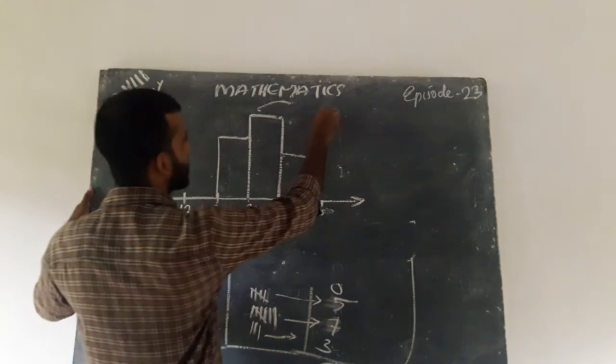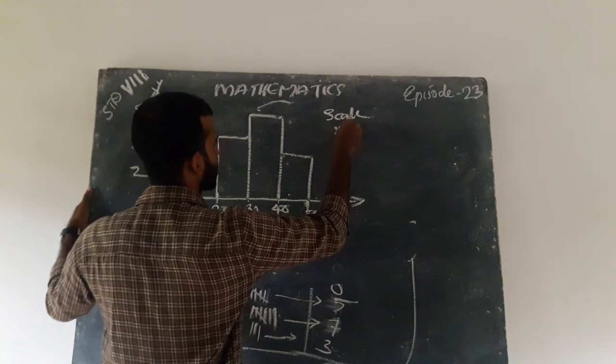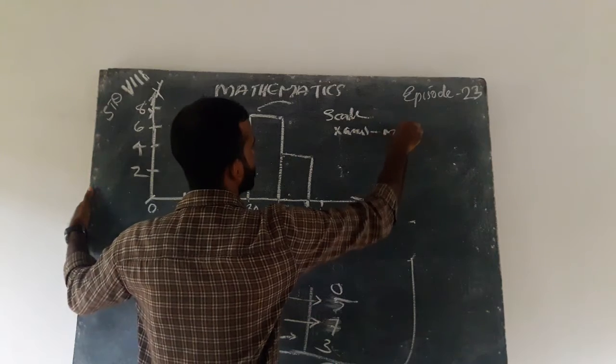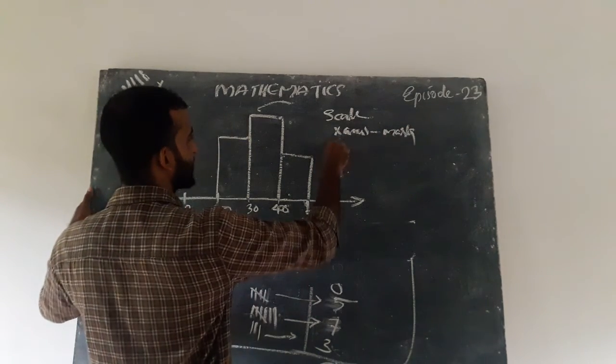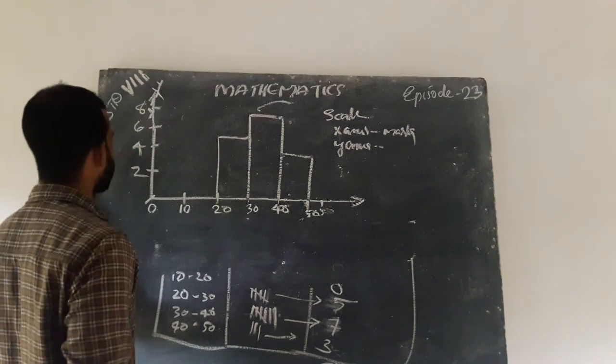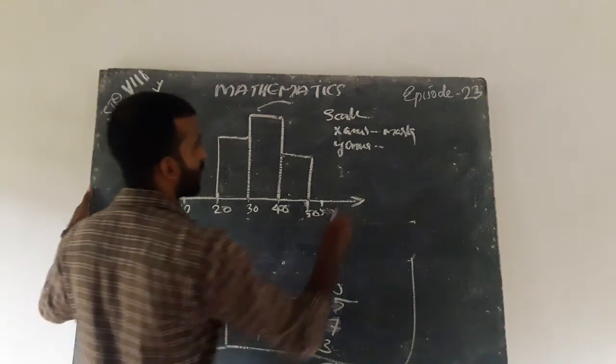Now we write the scale. The x axis is marks and the y axis is the number of students.